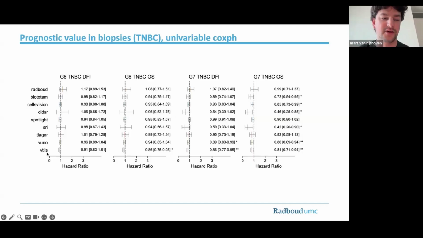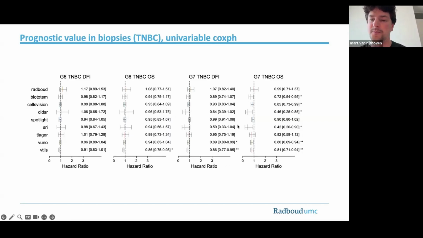So we could also measure the hazard ratios for the visual TILs. But we see that also for the visual TILs, often the results are not really what we would like to have. Sometimes we have a significant result, but then the models are not significant.